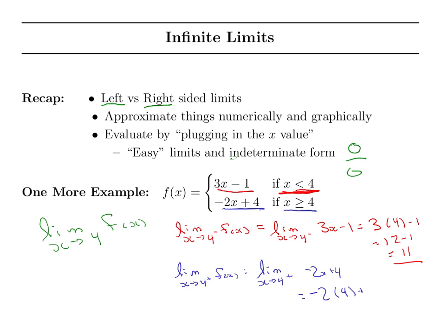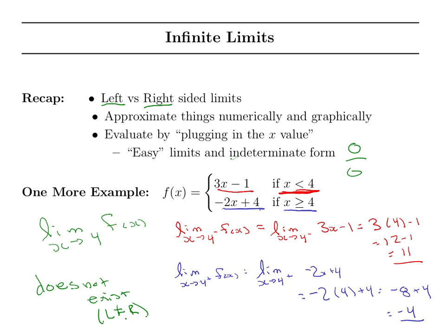Negative 2 times 4 plus 4 gives us negative 8 plus 4, which is negative 4. Notice the left and the right side don't match up, so we can go ahead and say this limit does not exist, since the left and the right are not equal to each other. If we found that the left and the right sides were equal to each other, then we could say, great, that two-sided limit exists.